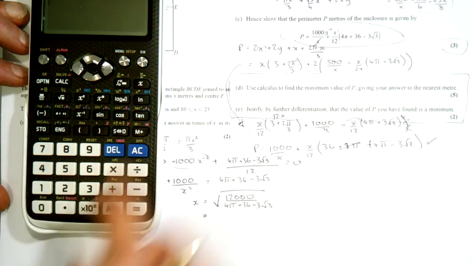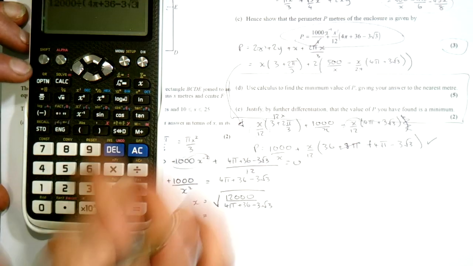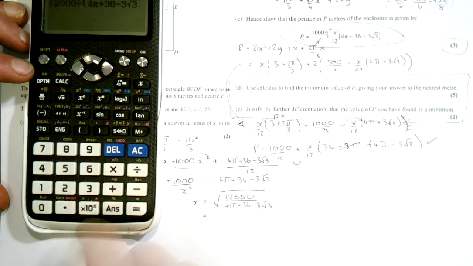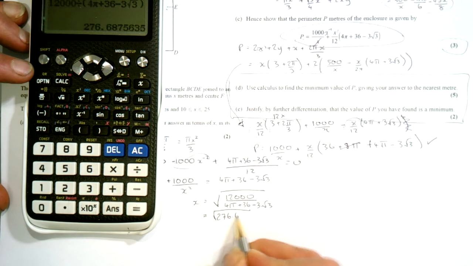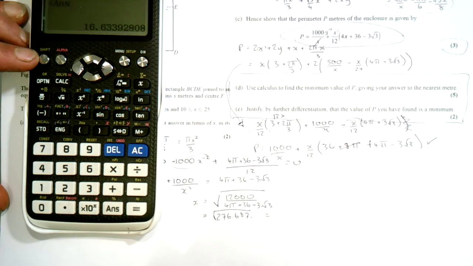And that's equal to 12 grand divided by 4 pi's plus 36, take away 3 root 3's, close bracket, after that bit, equals square root of 276.687, and that's equal to 16.63392808.